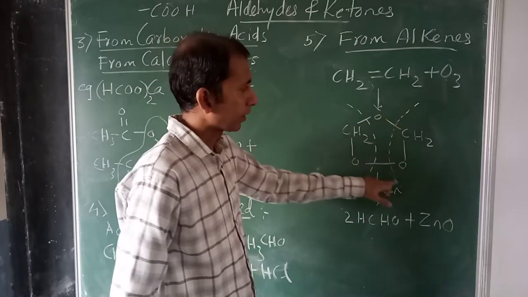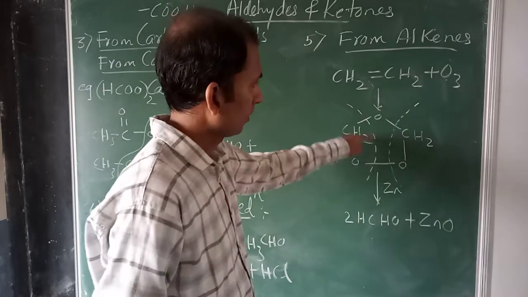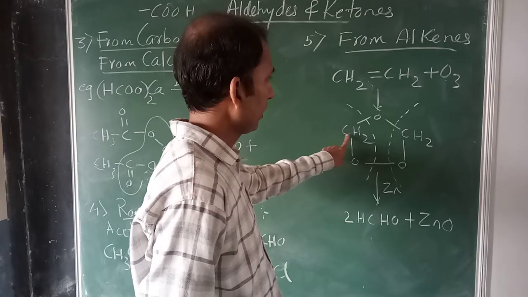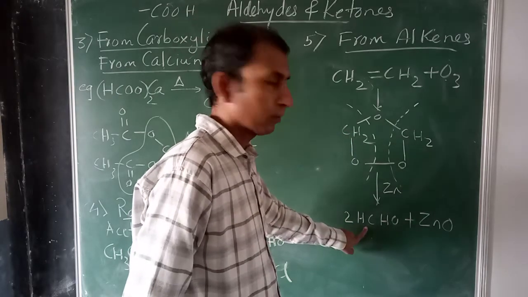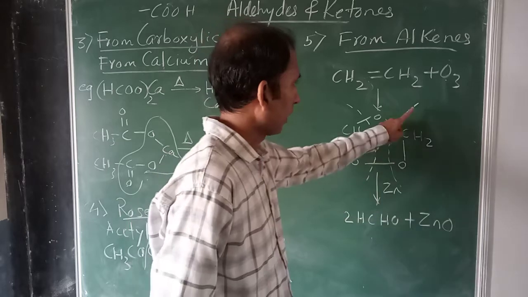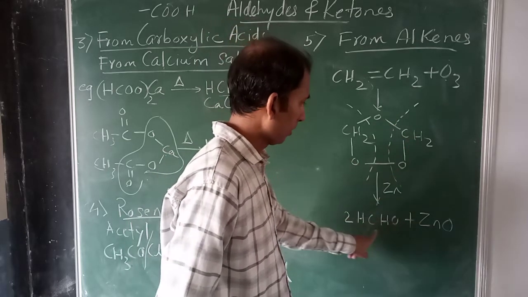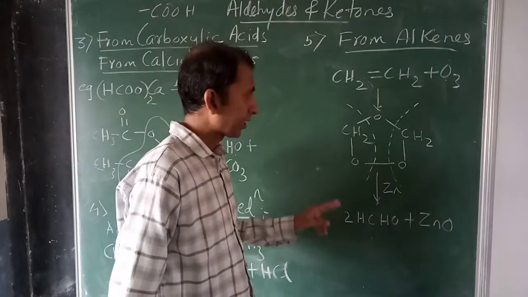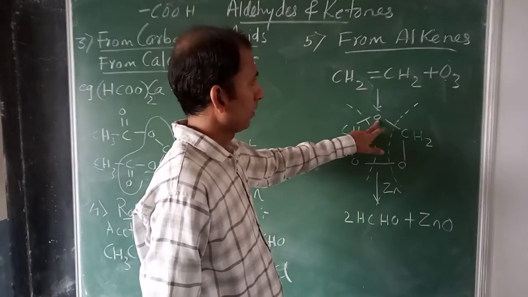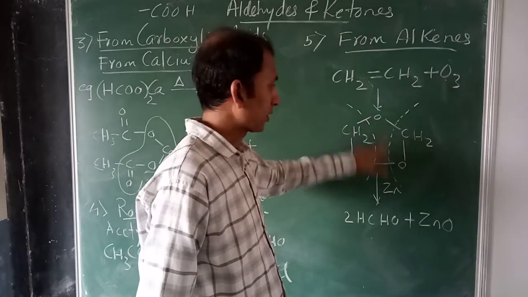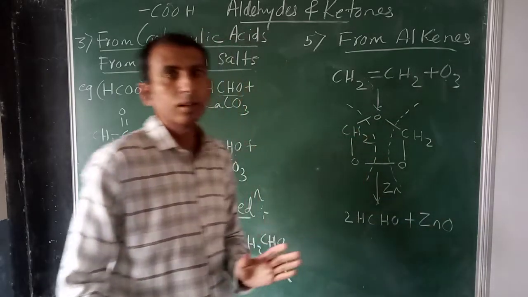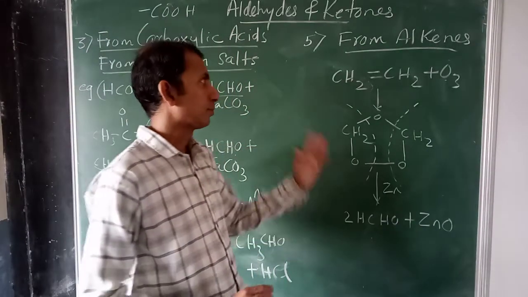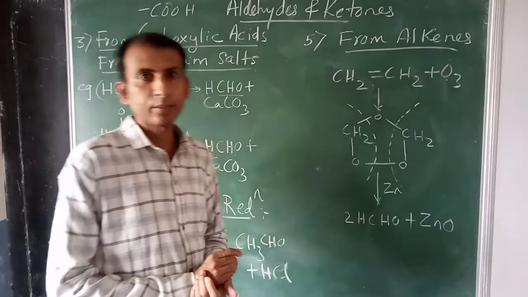Can you see these dotted lines? This dotted line is the first one, HCHO, and this bond breaks here, so you get another molecule of HCHO. So we get two molecules of HCHO. What is remaining here? Oxygen. This oxygen and Zn will form zinc oxide. So here also, as you can see, we have got an aldehyde.